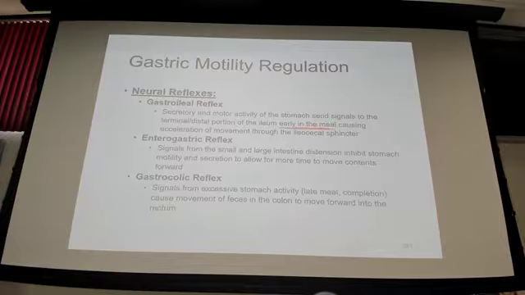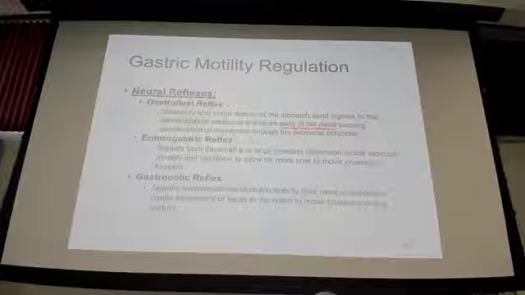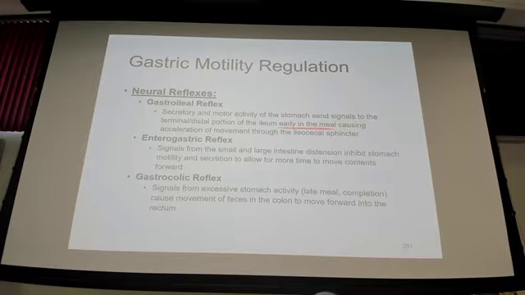It starts to make hydrochloric acid, all of those things. It starts to move, and like you were doing over there, exactly, it starts to move. It starts to begin the process of mechanical digestion. So it sends a signal forward saying, open the ileocecal valve, let's let stuff through. Let's move everything forward. Does that make sense? We got more stuff coming in. Let's move the stuff we have forward into the large intestine. Does that make sense? Yes?